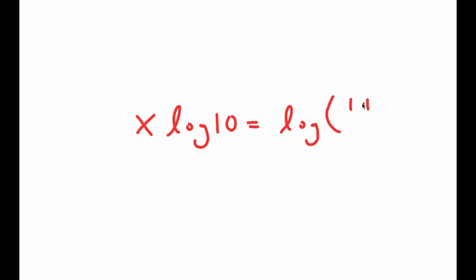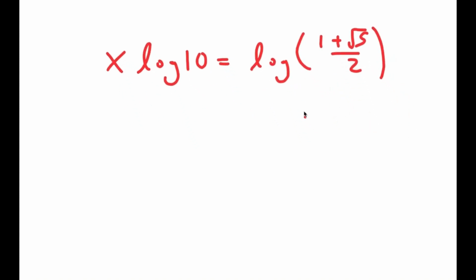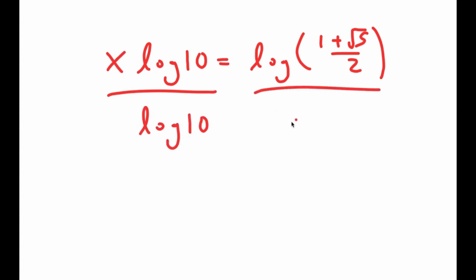and I get x times log 10 is equal to log of 1 plus the square root of 5 over 2. Now, I'm going to divide both sides by log 10 because we want to isolate x.